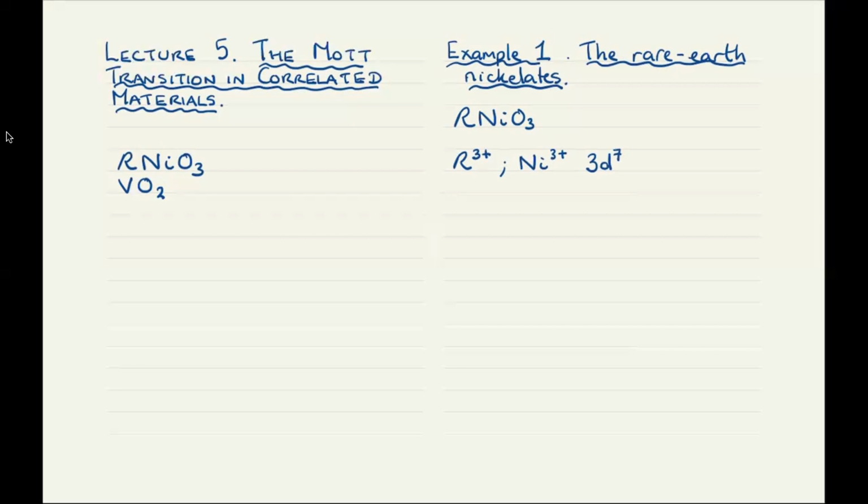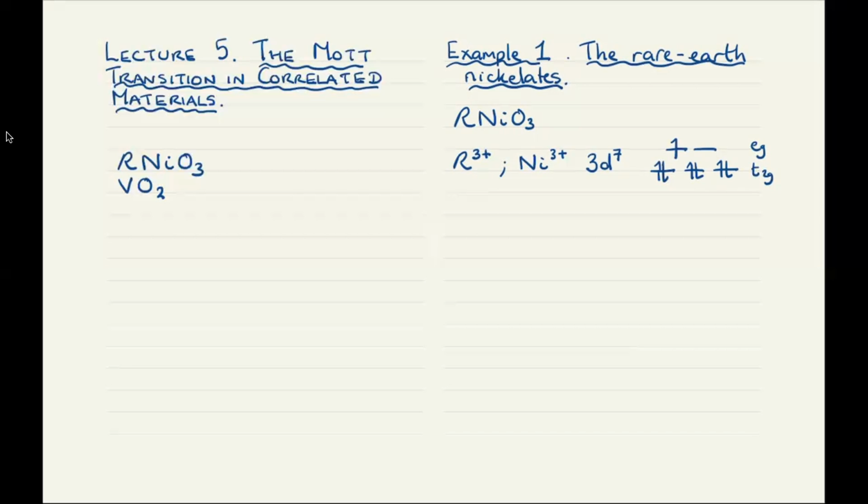In the perovskite structure, the nickel ion is octahedrally coordinated, and so the energy of its 3d manifold is split into the t2g trimer and eg dimer. These are filled by the 7 3d electrons as shown.